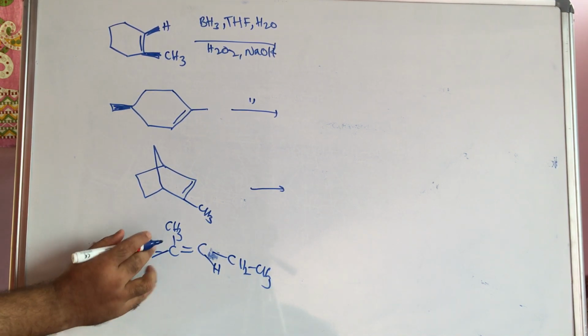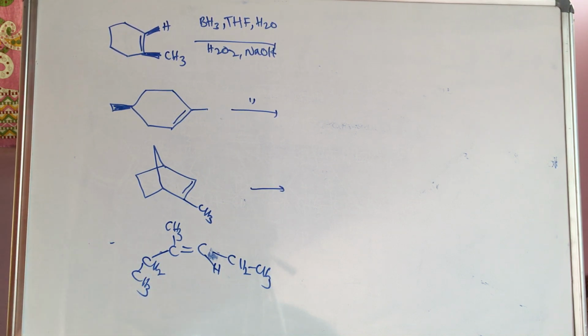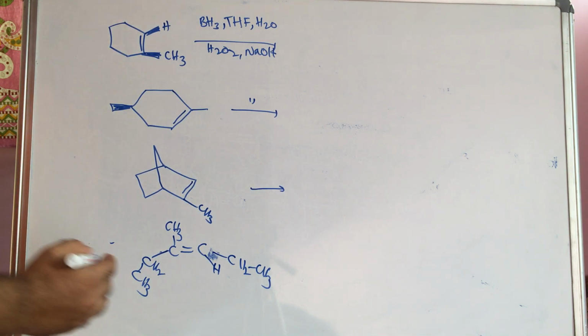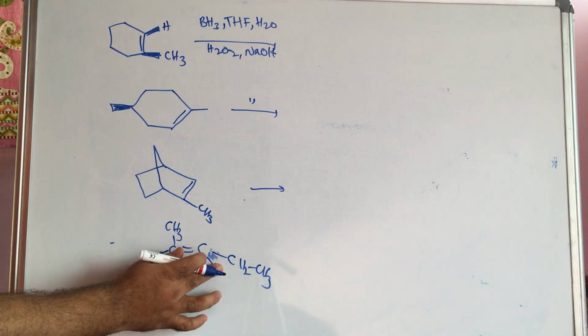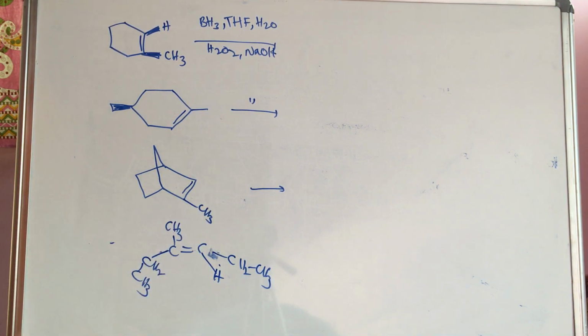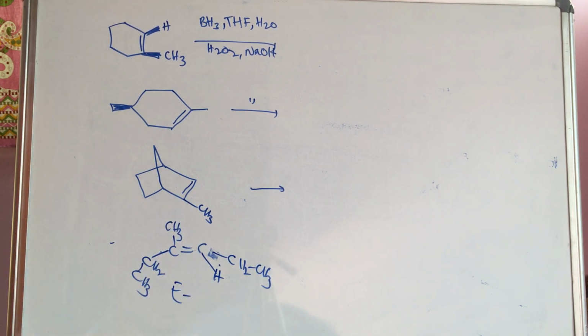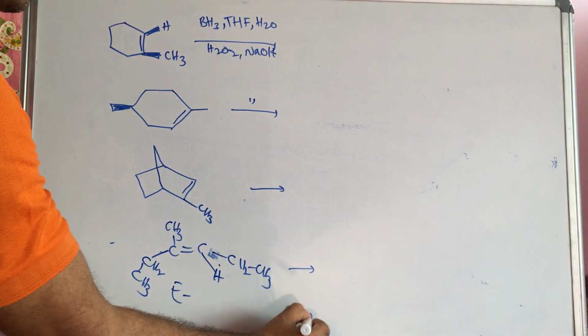This is CH2, CH3. Then which one is this? The ethyl groups are opposite, so it is the E isomer. If you want, you can write the Z isomer also. Then what will be the product?